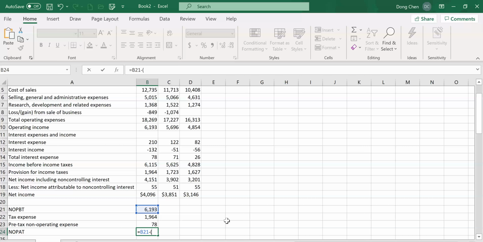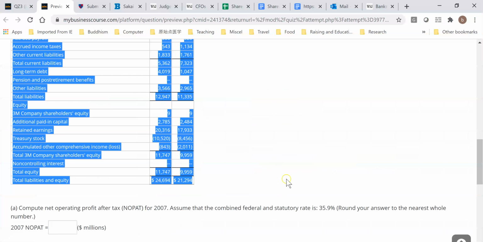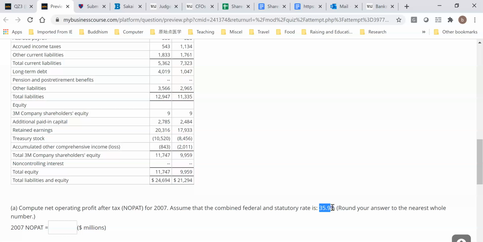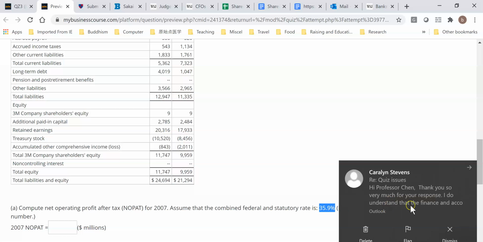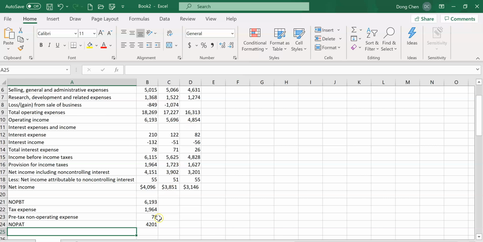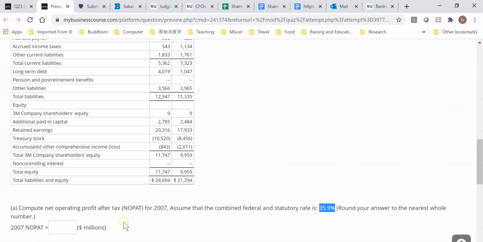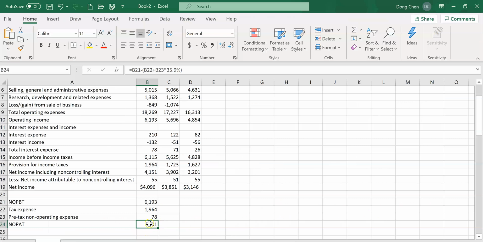And tax on operating profit is equal to tax expense plus this pre-tax non-operating expense, times the statutory tax rate, which is assumed to be 35.9%. Here I already kept 0 decimal places, which rounds to the nearest whole number. If not, then you need to change the format to 0 decimal places.